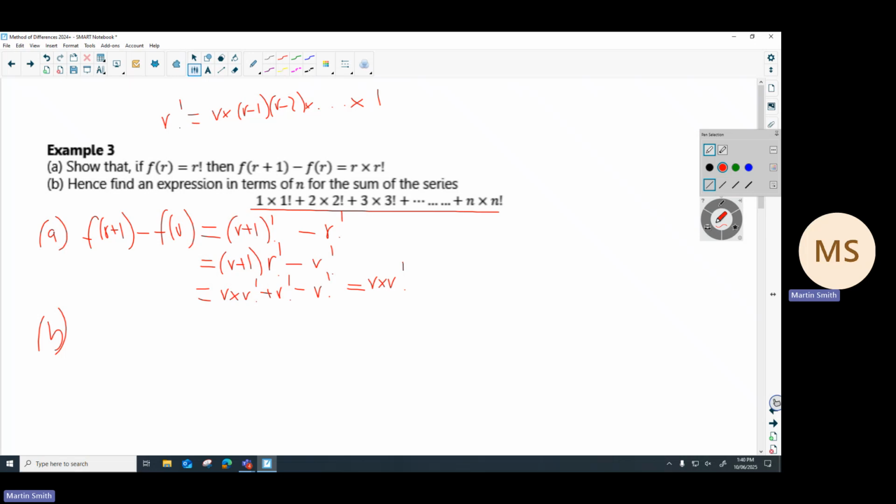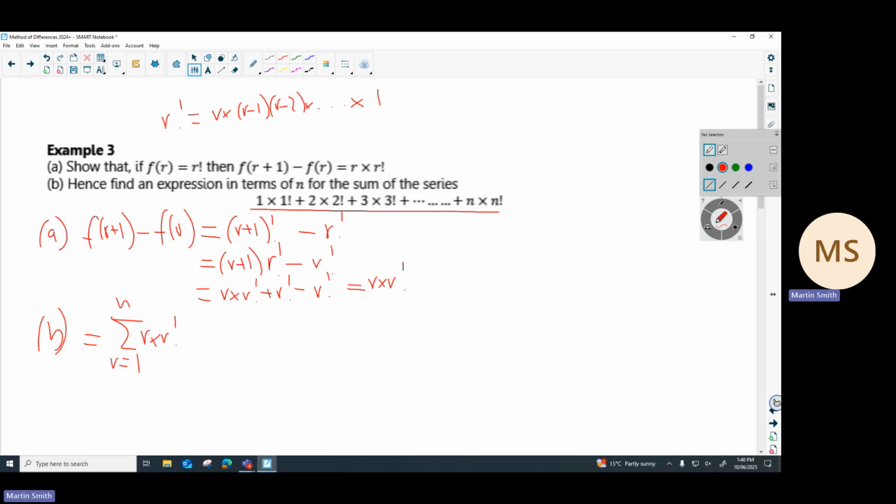So the series is the sum from r is 1 to n of r times r factorial, because the first term in the series is r factorial when r is 1, then 2, then 3, up to the last term, which is when r is equal to n.